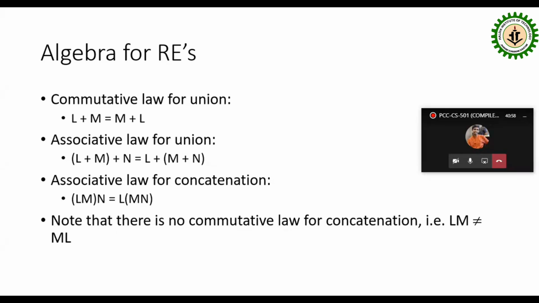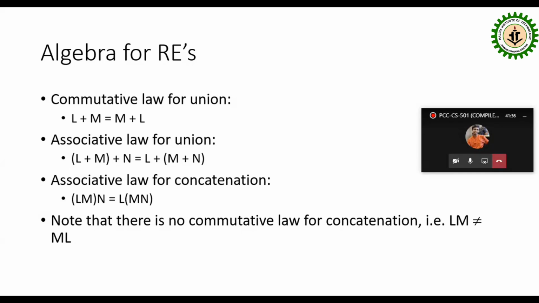L plus M is operated first, and after that you take the union with N. Now you can write it as L union the union of M and N. Both are the same. There is an associative law for concatenation also: (LM)N can be written as L(MN).